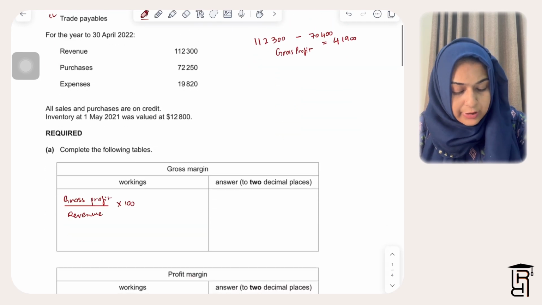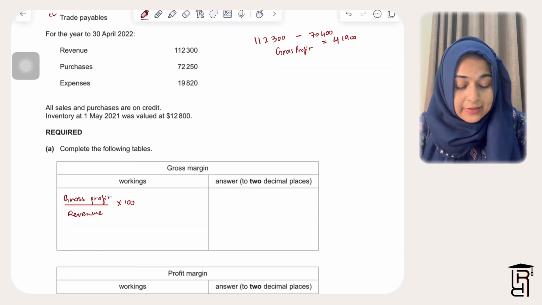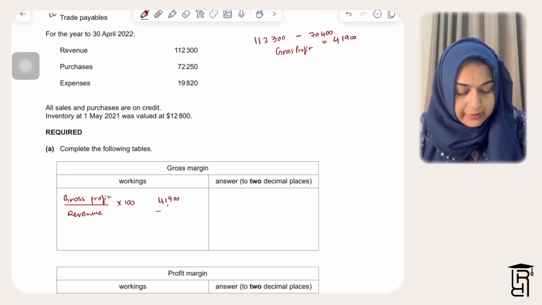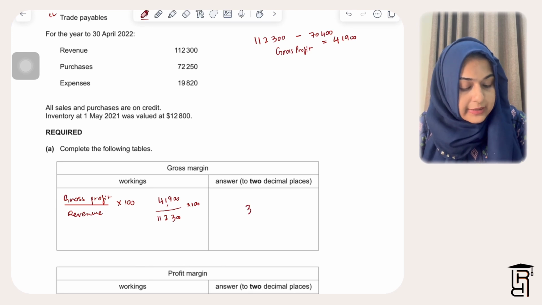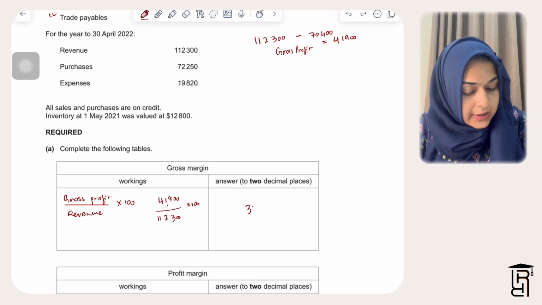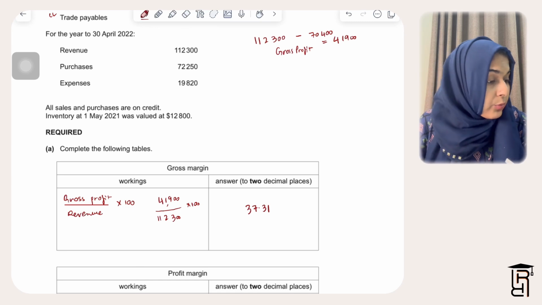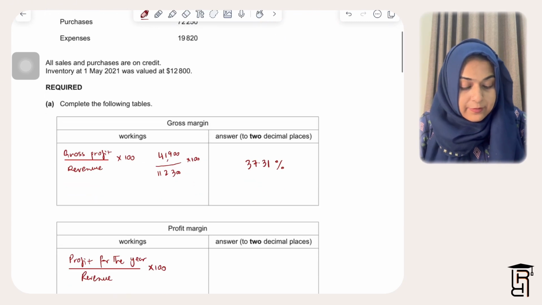So now you apply this to the formula: 41,900 divided by revenue, in this case 112,300, multiplied by 100%, which will give me 37.31%. So that is for gross margin.